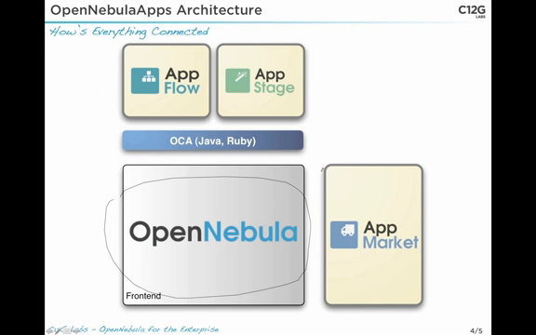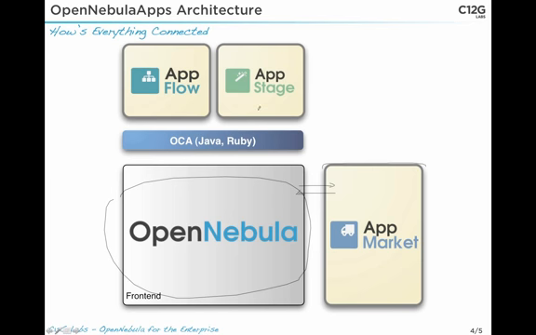We have also the app market, where the integration is not done through the OpenNebula Cloud API, but rather through the interconnection with the transfer manager driver. So this is basically a low-level integration between OpenNebula and the OpenNebula app market.